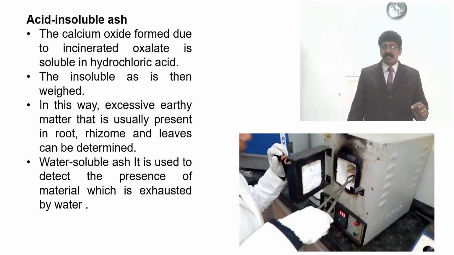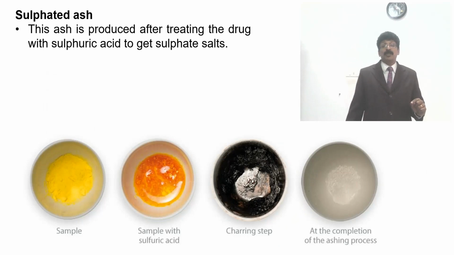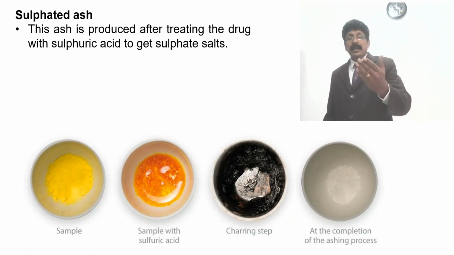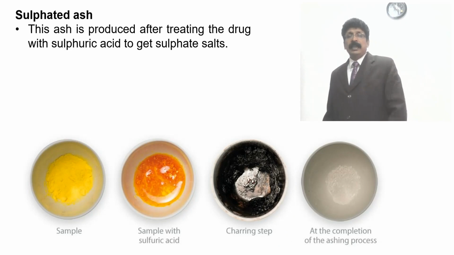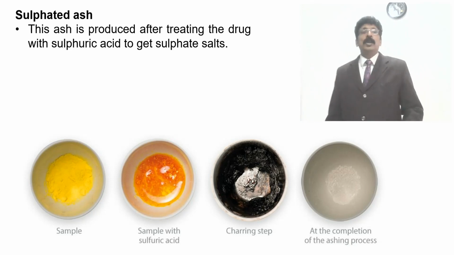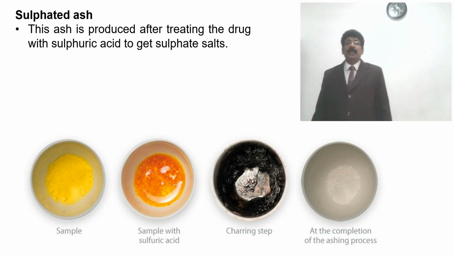You can see sulfated ash is prepared by treating the sample with sulfuric acid, and when you burn it in the incinerator it becomes charred, and then on completing the ash process you can see this color. The ash is produced by treating the drug with sulfuric acid to get the sulfated salt.